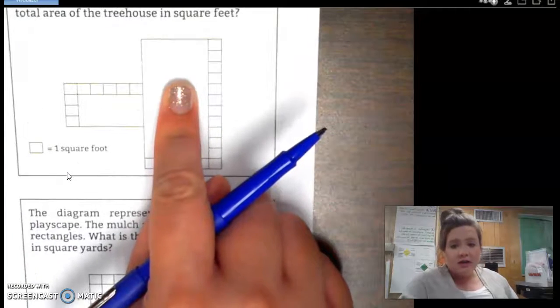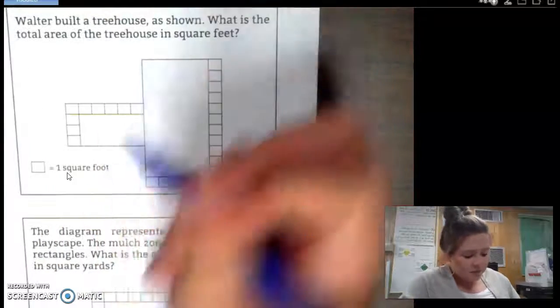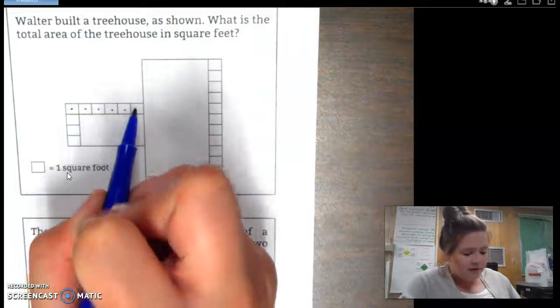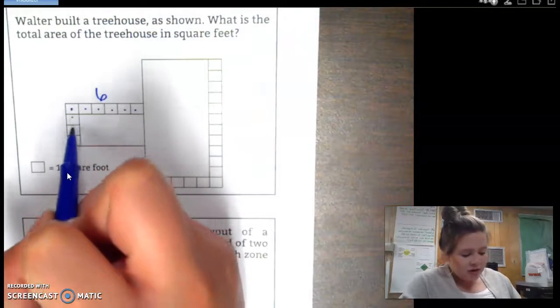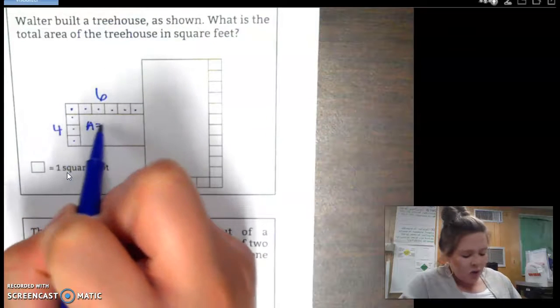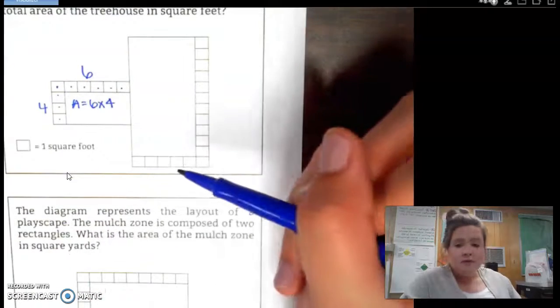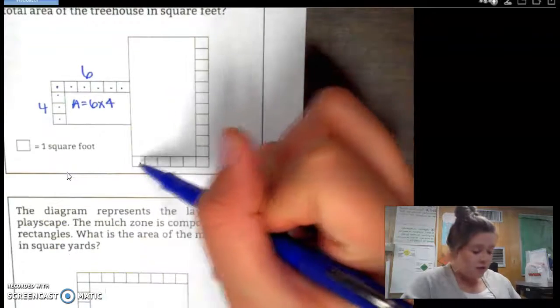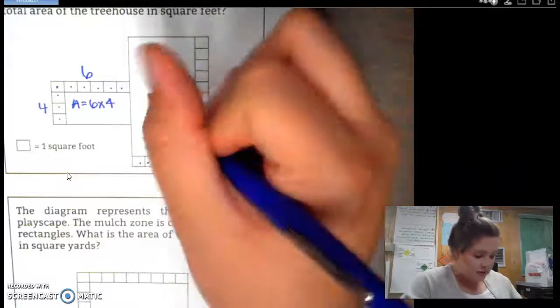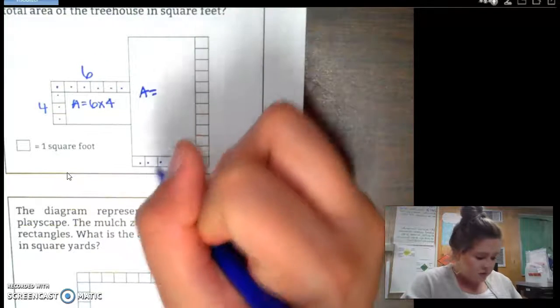So let's just figure out the length and the width here. 1, 2, 3, 4, 5, 6. 1, 2, 3, 4. Area equals 6 times 4. Excuse me. Let's find the length of this one. 1, 2, 3, 4, 5, 6. Oh, that's 6.